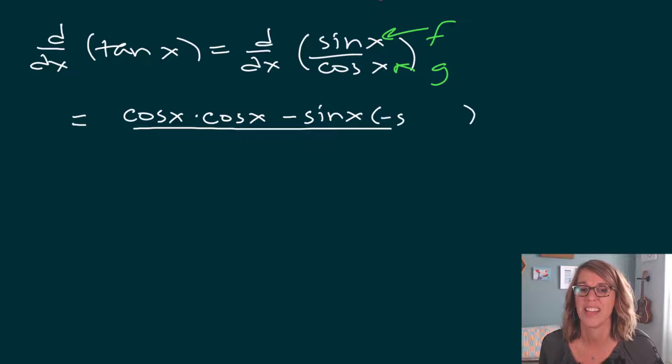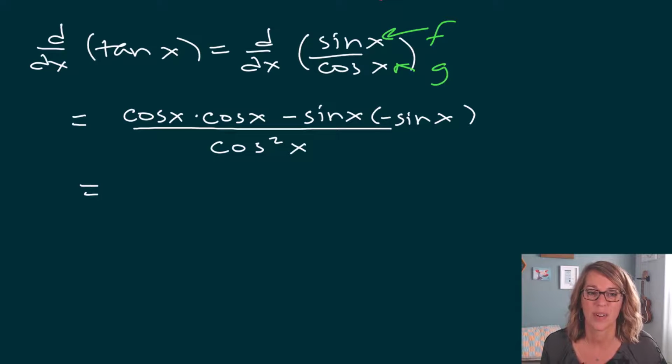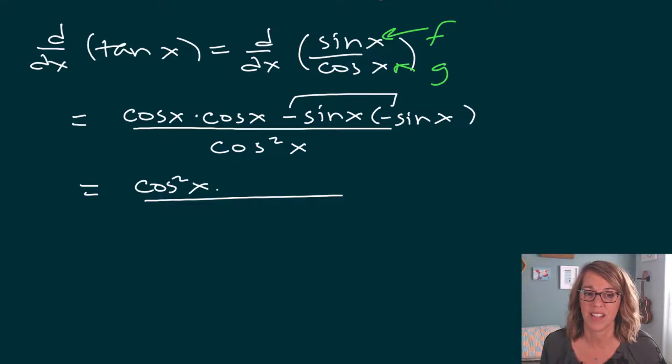Derivative of cosine is negative sine, and then my denominator is going to be g squared, so cosine squared x. So what do I have? In my numerator, I've got cosine squared x. Negative times negative is plus, so plus sine squared x divided by cosine squared x.